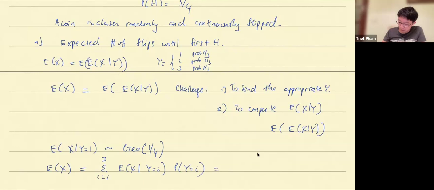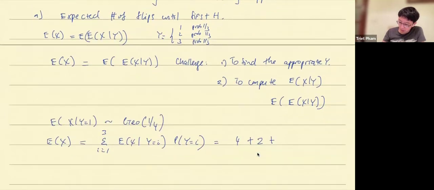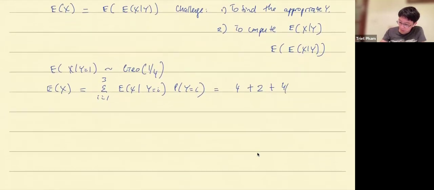So that's going to be 4 plus 2 plus 4/3, everything times 1/3. Any question?